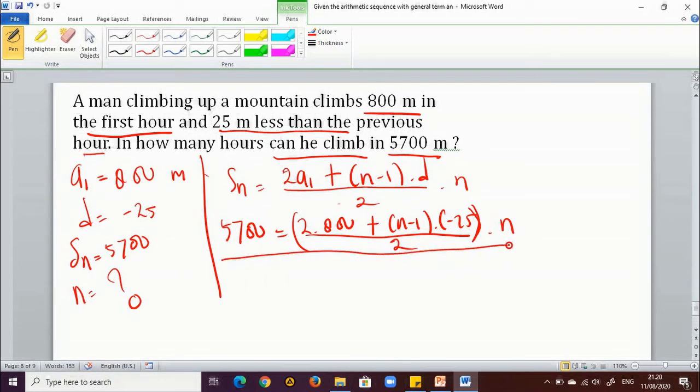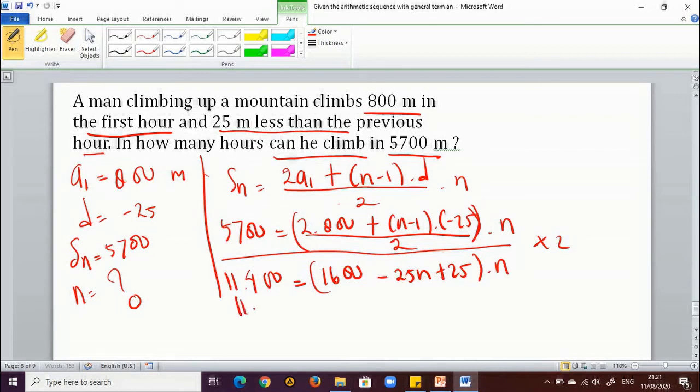Okay, so from here we multiply both sides by 2. So the left side is 11,400. This equals 1600 minus 25n plus 25, and then this times n.